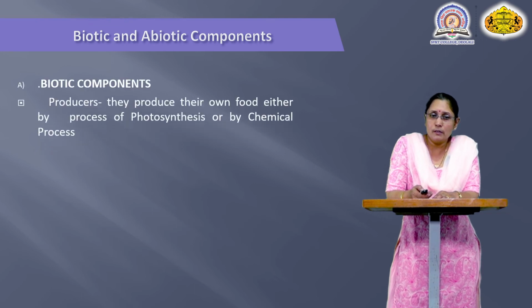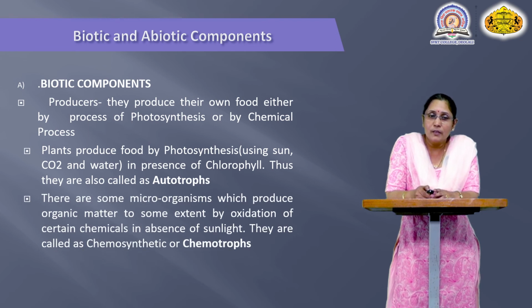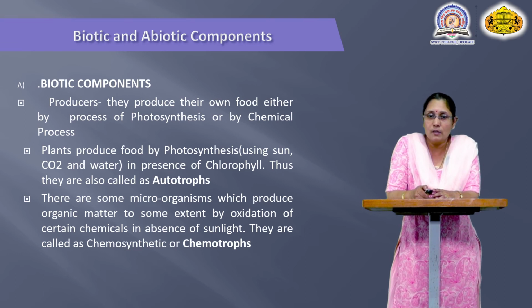So in detail, we can see these biotic and abiotic components. In the list of biotic components, producers obviously means the photosynthetic organisms. With the help of light, carbon dioxide and chlorophyll pigments, these producers are able to prepare food material and we call them autotrophs. Some autotrophs are there and some chemotrophs are also there. So what are chemotrophs? Chemotrophs are bacteria or microorganisms.